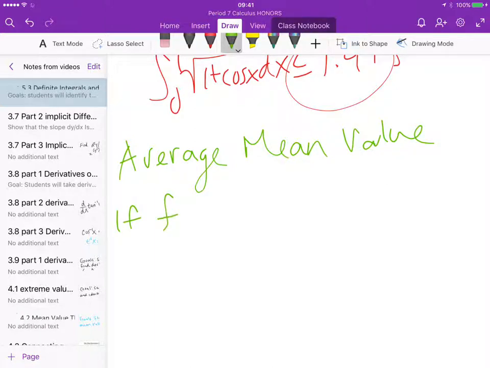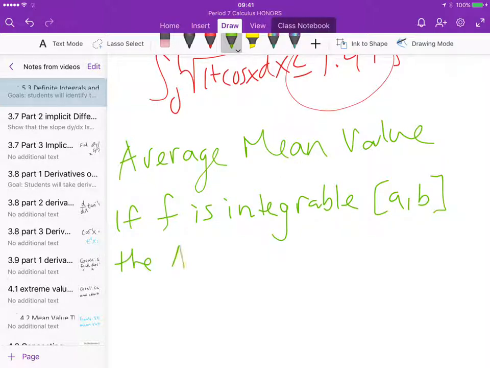Let's say f is integrable on an interval from a to b.